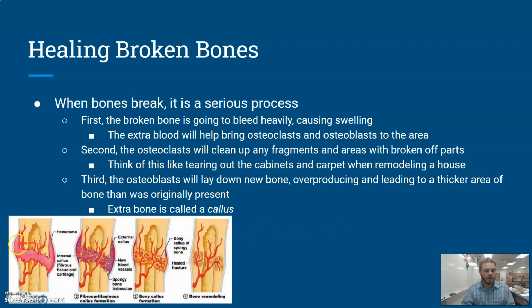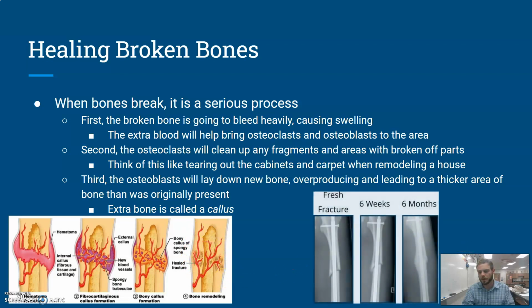So here it is in picture format. You can see that hematoma, all that blood collecting around here, all the callus and the cartilage and everything being formed here. You can see the callus on the edges, especially at the end where that fracture used to be. The osteoblasts have overproduced. Here's another picture you can see here where they had a rod all the way through. This looks like a femur if I had to guess.